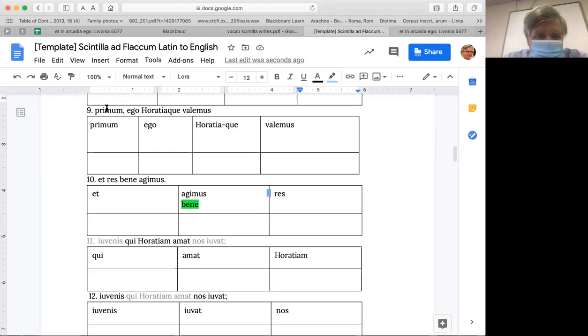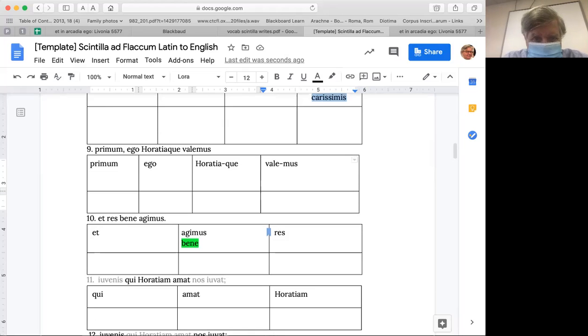Number 9, primum is just a clause starter, just means first of all. Ego horatiaque valemus, so this is a two-part subject, really, so there's part 1 and part 2. We would have to invert the order, so we'd have to translate horatia here and ego here, valemus. So since she's speaking in the first person, she doesn't say he and they, she says I and we.